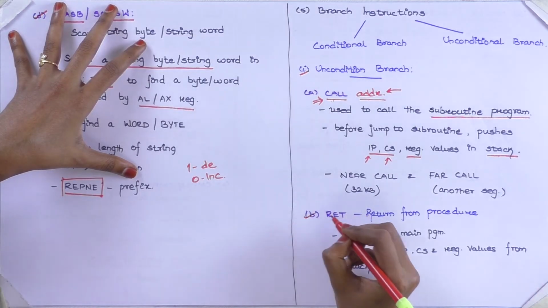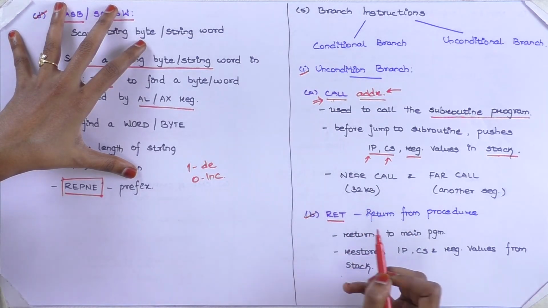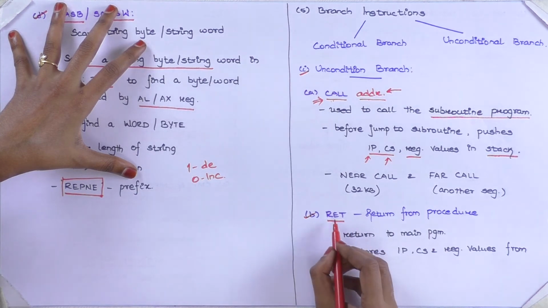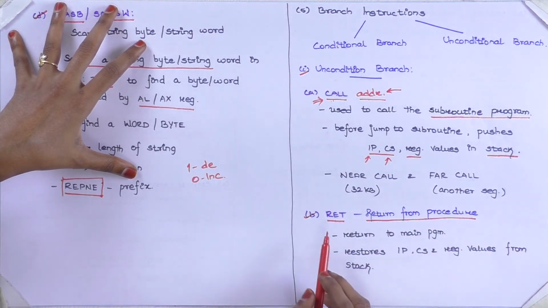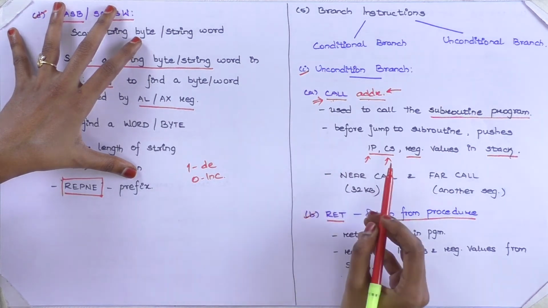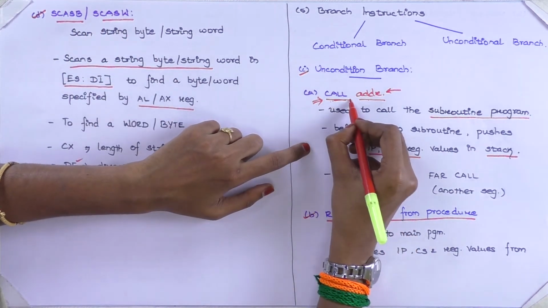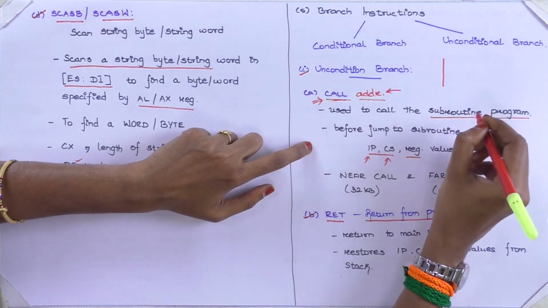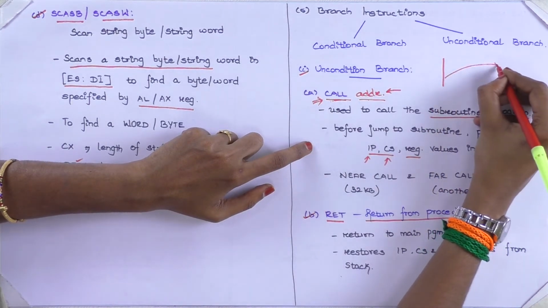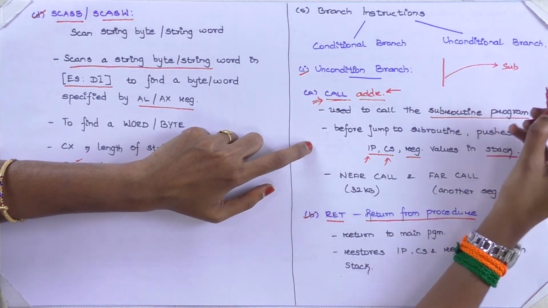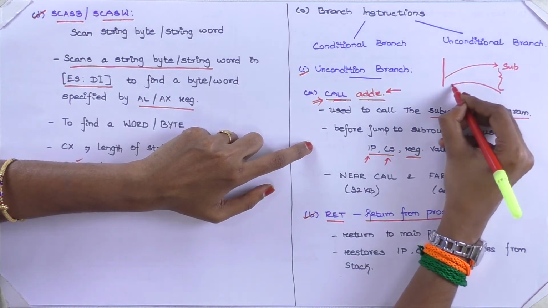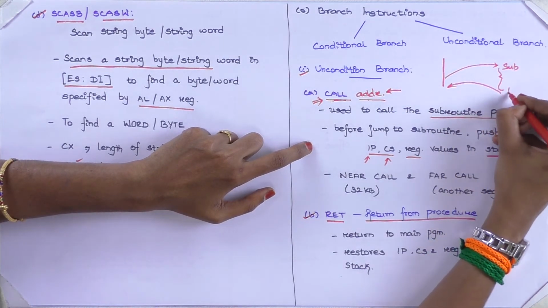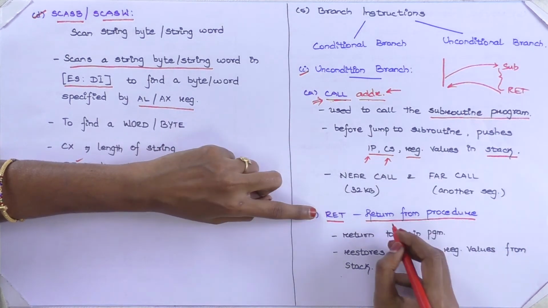Fine. So the next unconditional branch instruction is the return instruction, RET. What it will do is, it will return from the procedure. Okay. So this I will explain with the call itself. When you use the call instruction, it will execute some main program. From the main program, it will jump on to the subroutine. Okay. So once the subroutine has been executed, again it has to return to the main program. At that time, the return instruction is used.